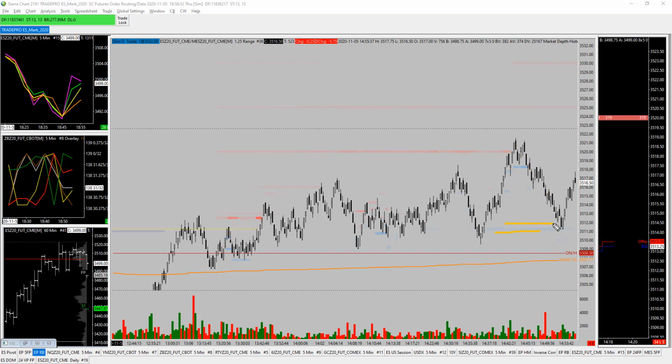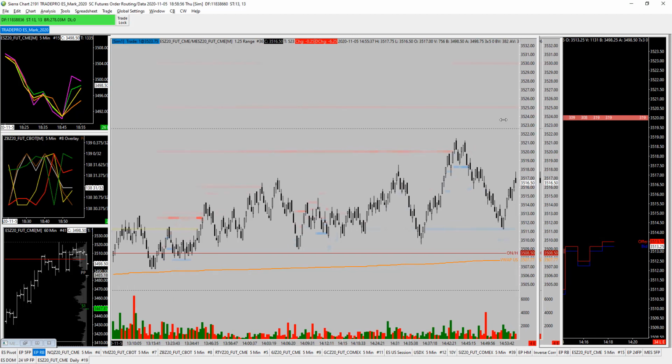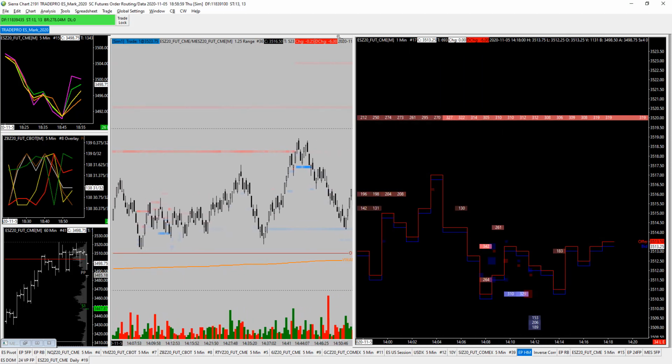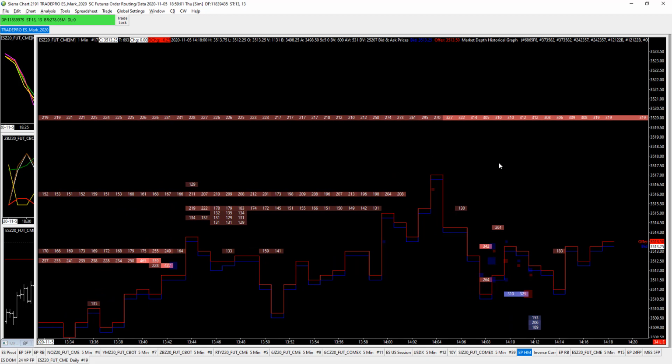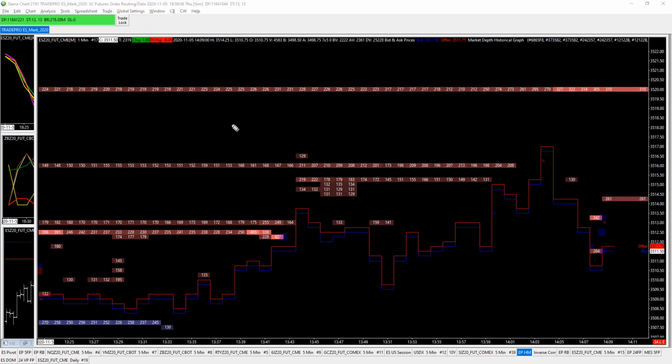All right, that's what it looks like here on the price chart with the heat map overlaid. And this is what it looks like on the actual heat map. So you will see that there was a good number of sell inventory up here.